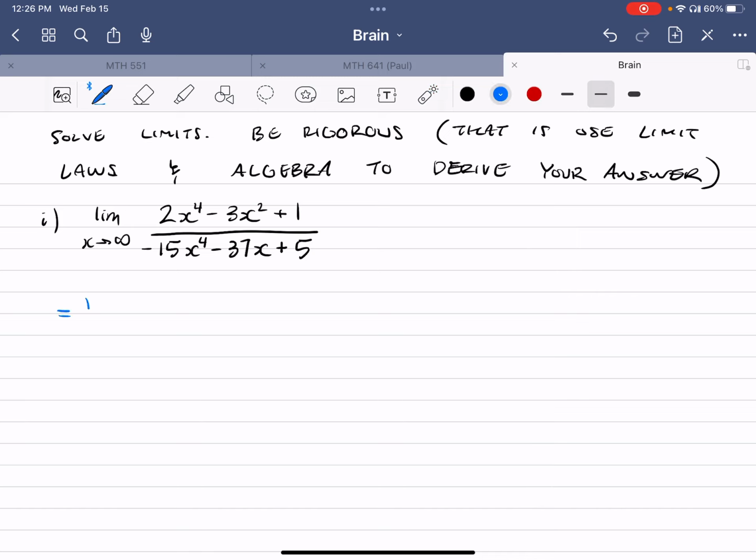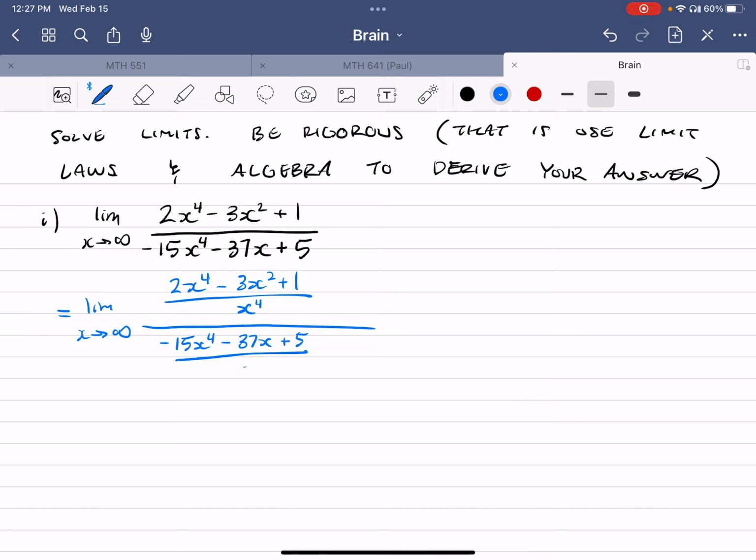So let's do that. Limit as x goes to infinity of 2x to the fourth minus 3x squared plus 1, divided by x to the fourth, divided by negative 15x to the fourth minus 37x plus 5, divided by x to the fourth.